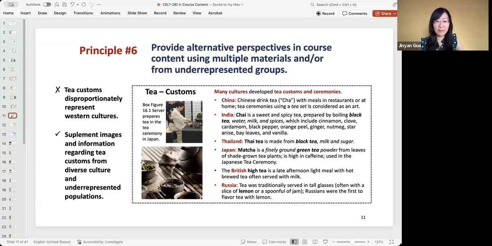Firstly, I provide images about the tea set that's used in the Chinese tea ceremony. And also I provide more information on where tea originated, which is from China, right? How it's used in the country where it originated. And also I provide more information on the chai tea from India and the Thai tea from Thailand, to give more diverse perspective on this subject of tea customs, representing more diverse societies. So that's number 6.